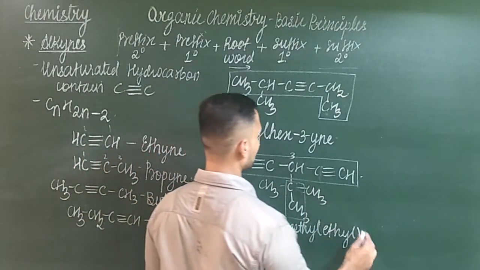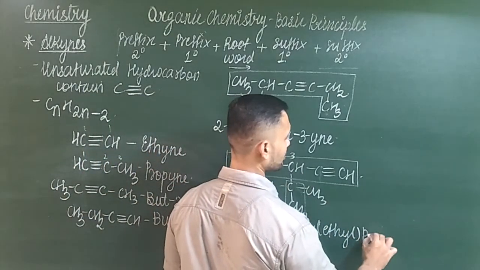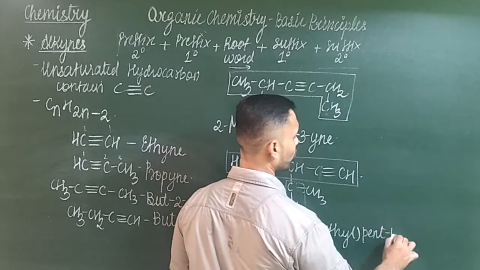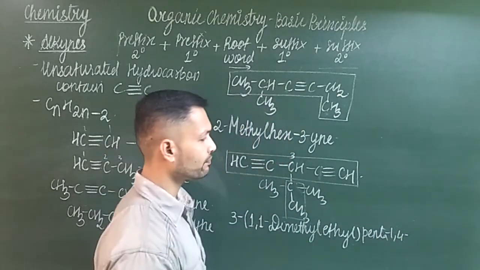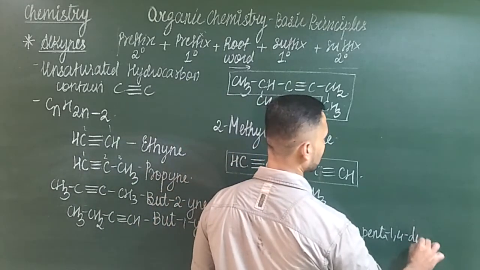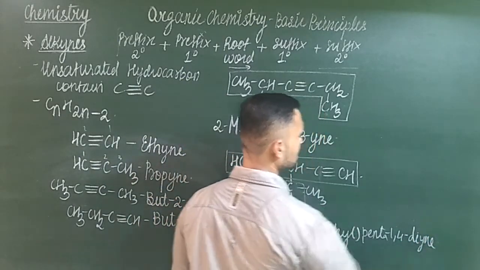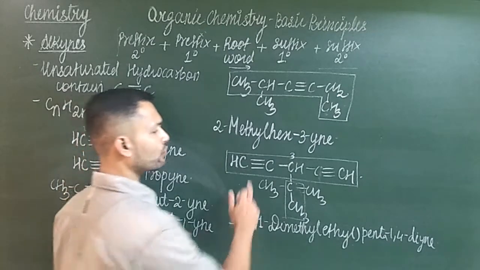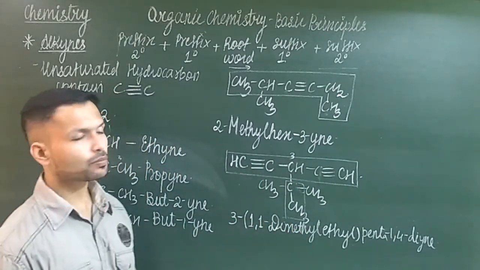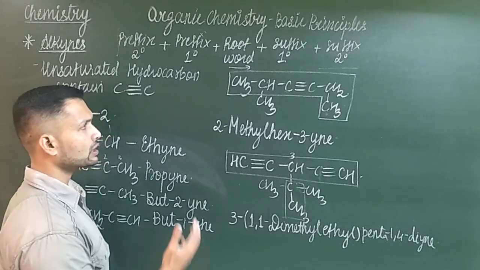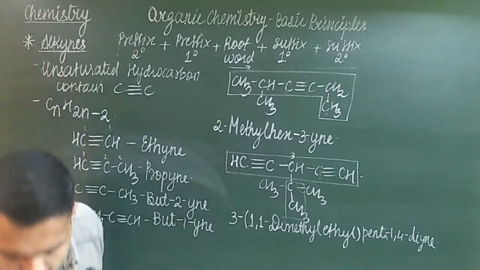And this should be 5. So this should be penta-1,4, you could write also penta, diine. Because now there are 2 functional groups, so we'll use the prefix di also and ine for the triple bond.